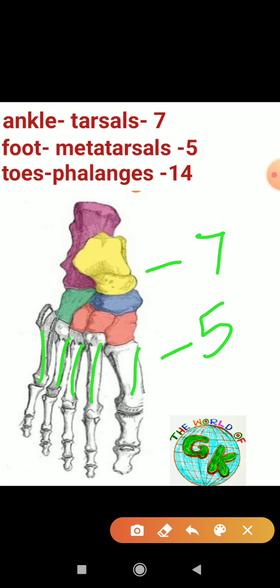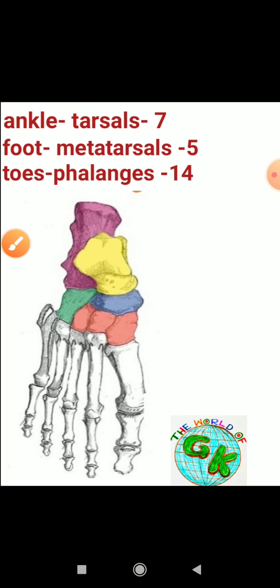And coming to the toes, phalanges. 14 phalanges are there. So both in the toes and in the fingers, the bones are known as phalanges.